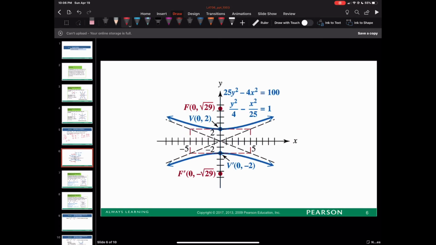Then we have our foci points. Now, you have to draw your actual lines. If we look at this first line, which goes like this, this is your y is equal to 2/5 x.